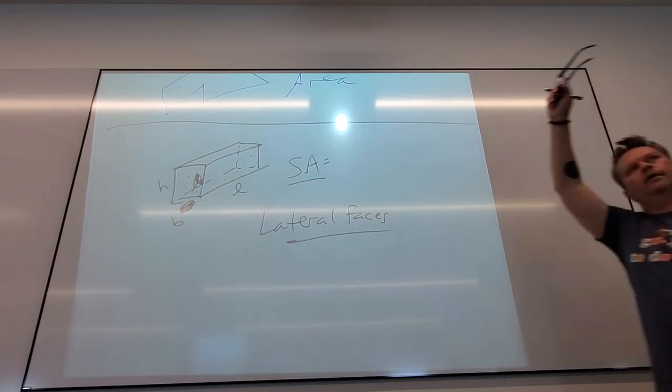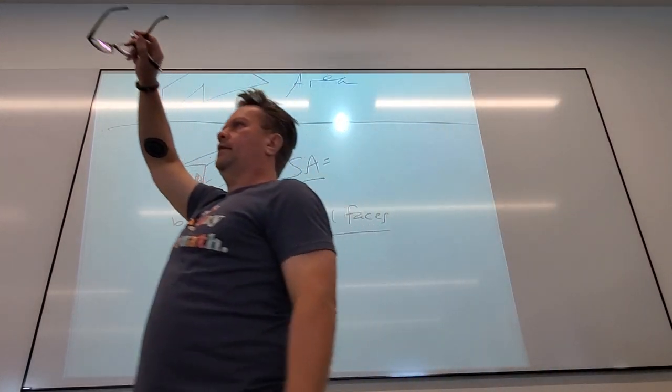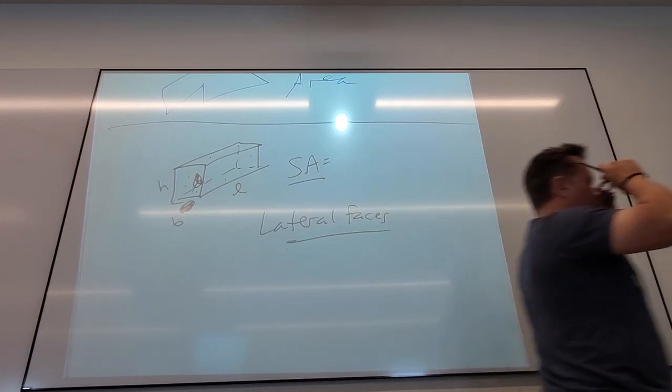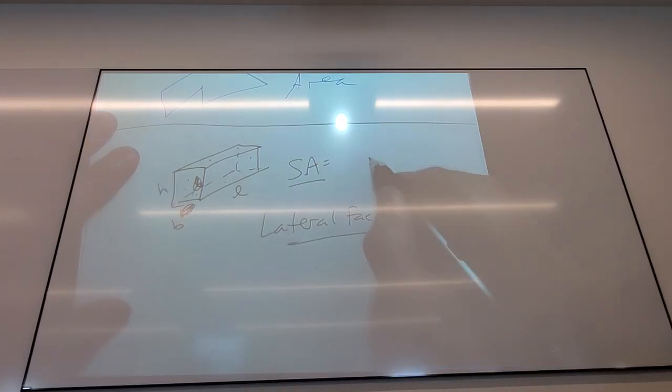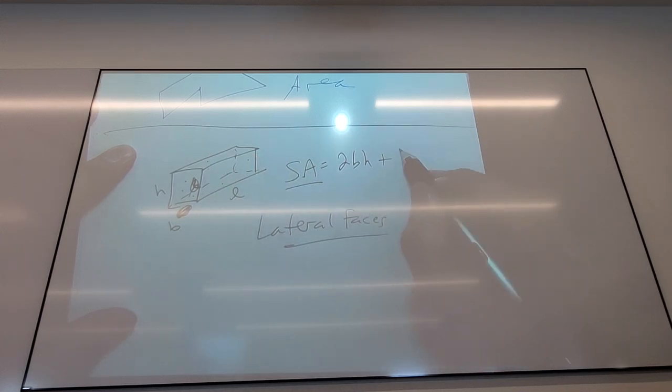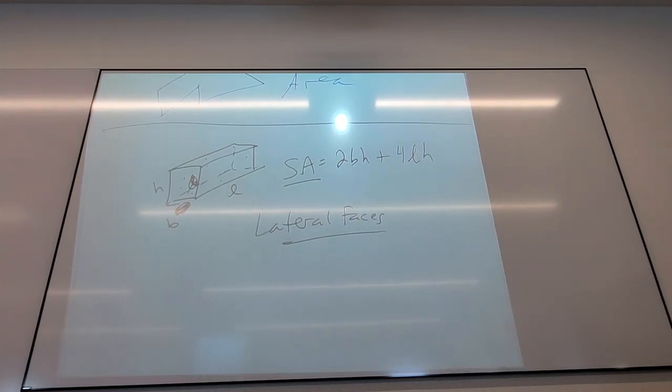So what is the area of the top and the bottom in this case? What's the area of the top, the side facing me? Base and height. Kick ass. And there's 2 of those, right? So there'll be 2 base heights. And then there's 4 sides that have what dimensions? Length and height. So there's 4 length times heights.